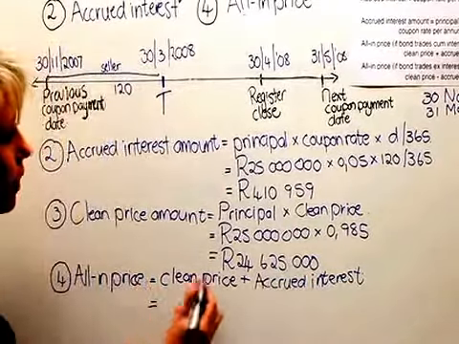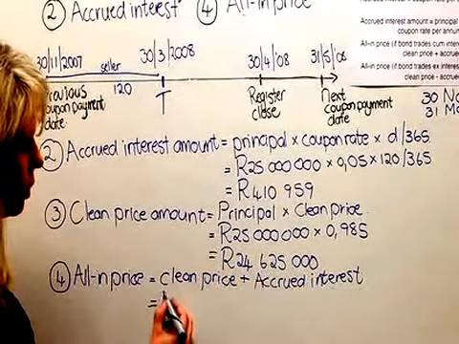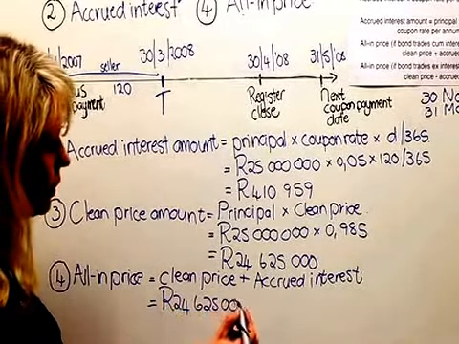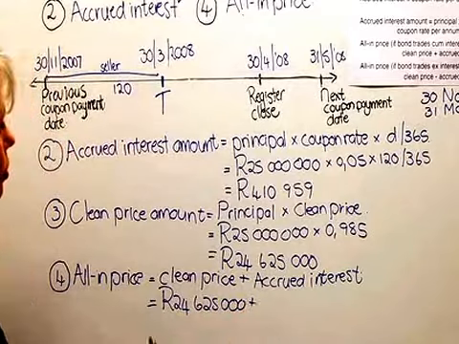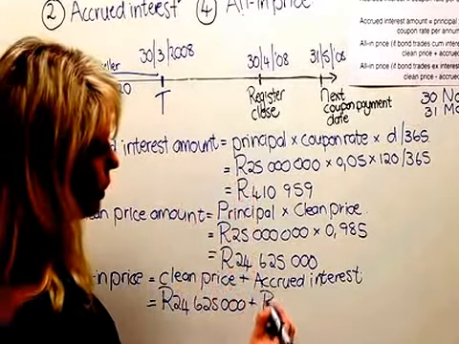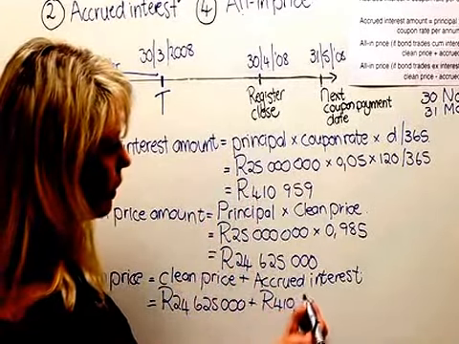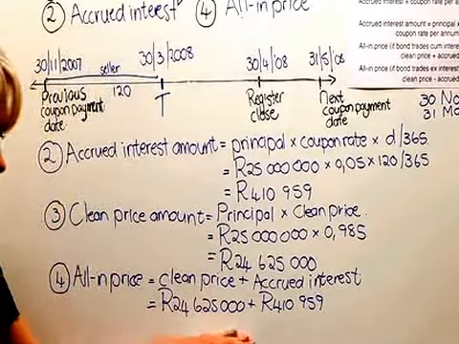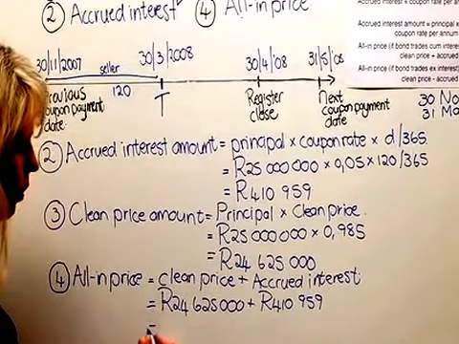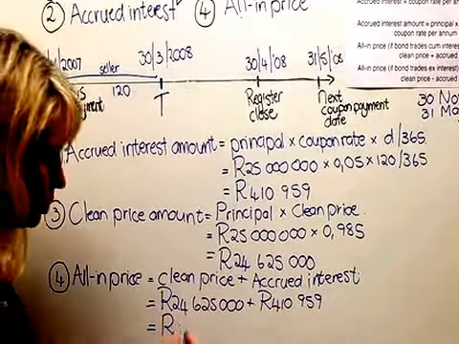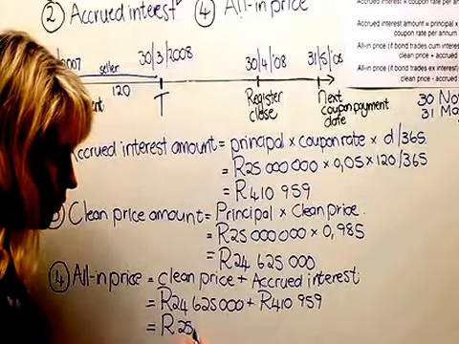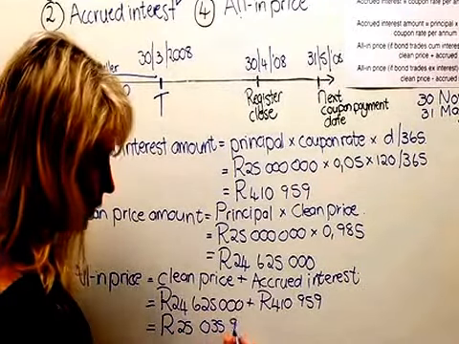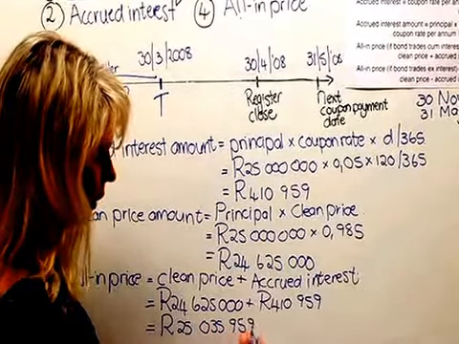The clean price amount we calculated here, 24,625,000. The accrued interest amount, 410,959. If you add those two together, your all-in price is going to be equal to 25,035,959.